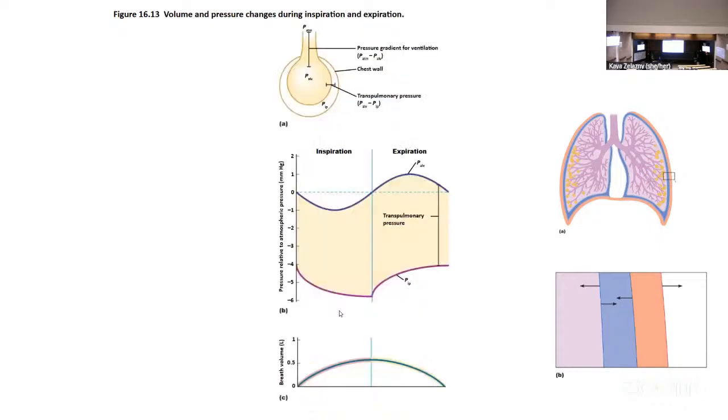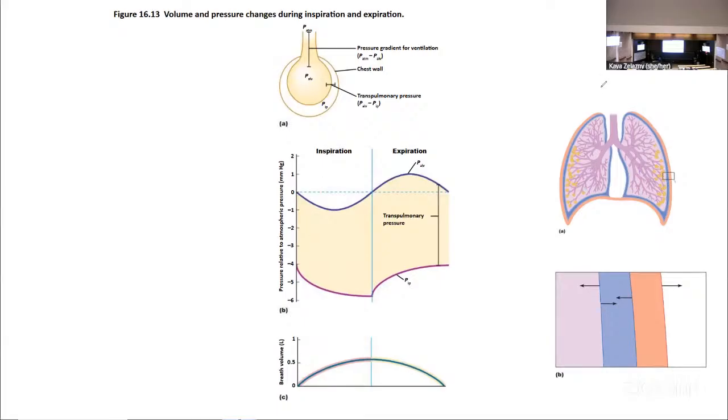Okay. So there are many ways that you can depict it and think about it. We've given you options, basically, but all these things are telling you the same thing. We're paying attention to the pressure gradient between the alveolar pressure inside the lung and the atmospheric pressure.